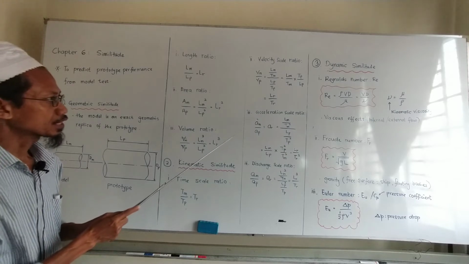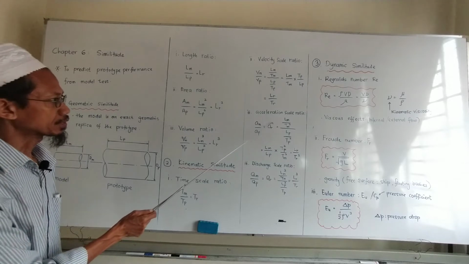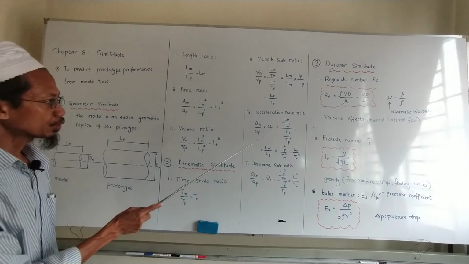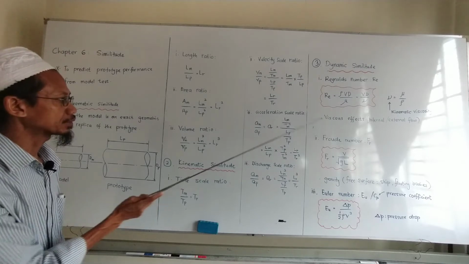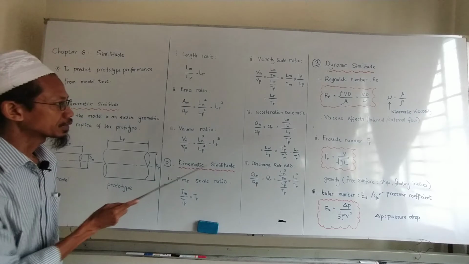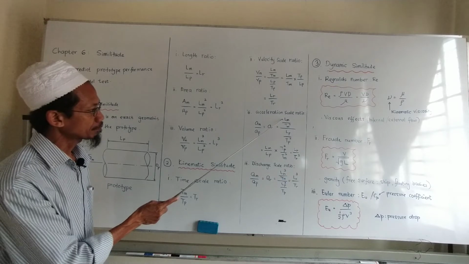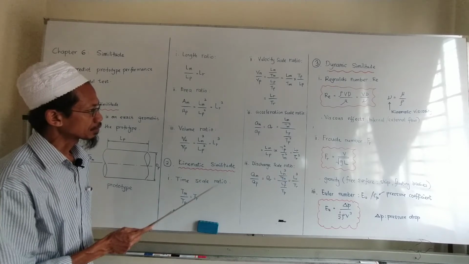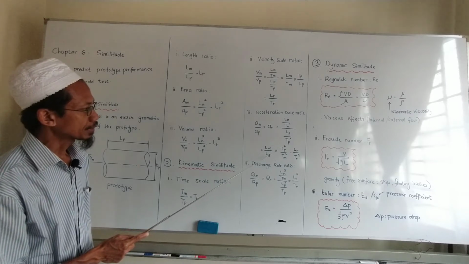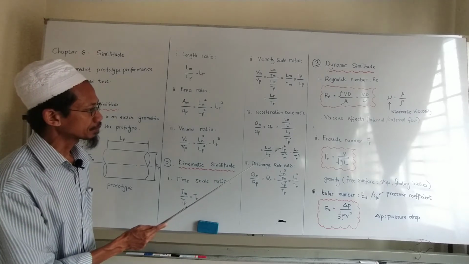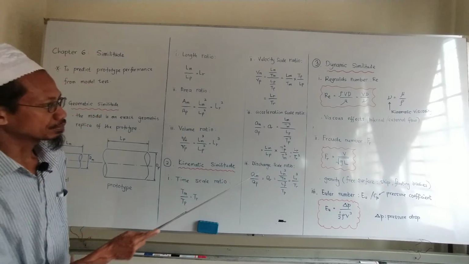Third, acceleration scale ratio, am over ap equals ar, the acceleration ratio. Acceleration has the unit meter per square second, so Lm over tm squared over Lp over tp squared. Lm over Lp equals Lr, so the ratio is Lr over tr squared.